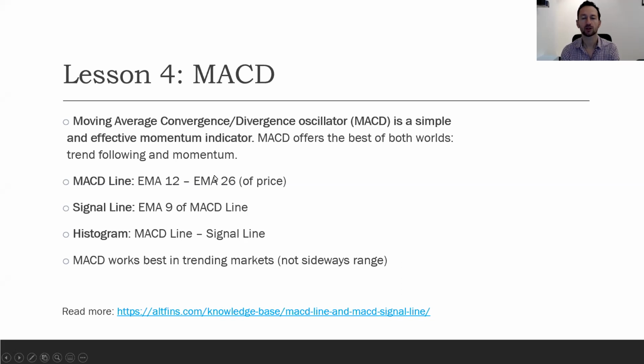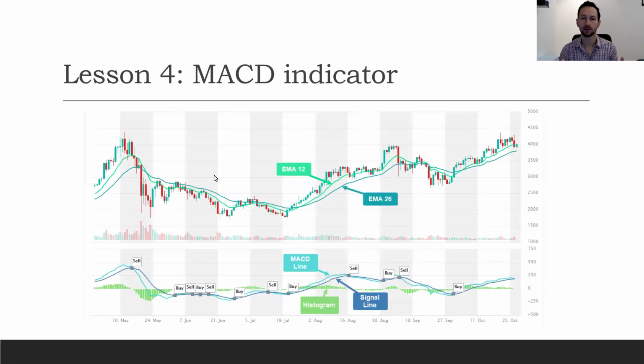And recall when we talked about moving averages in the prior lessons, you have two types: a simple moving average, which is just that, a very simple traditional way of calculating an average across a time span of either 12, 26 days, or 12 hours, 26 hours, depending on the time interval you're working with. Obviously, if you're working on a daily chart like we have here, then EMA 12 means it's a moving average over 12 days. And EMA 26 means it's a moving average over 26 days.